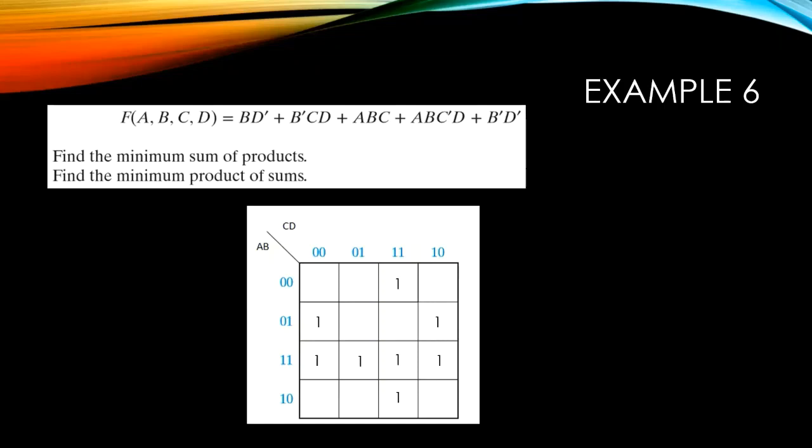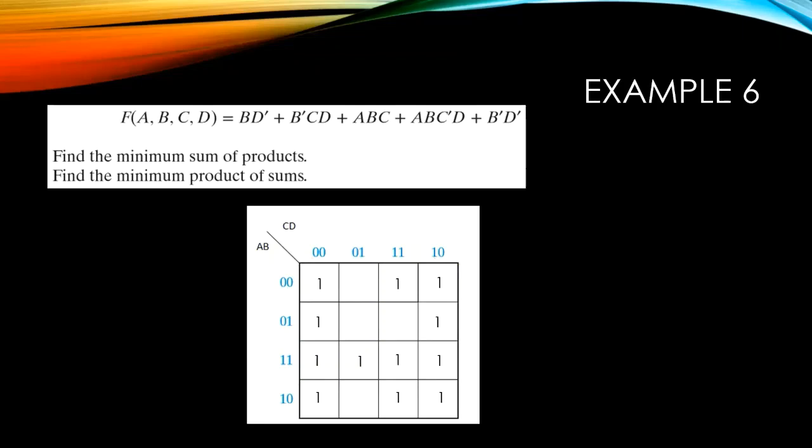Just look for B equal to 0 and D equal to 0, and write 1 on the intersection cells. So this is for the B not D not. We have now plotted all the min terms derived from the given product terms of the equation. Now we are ready to group it.